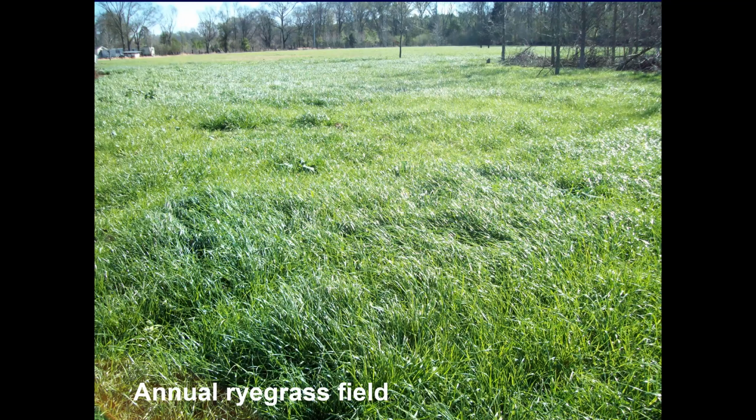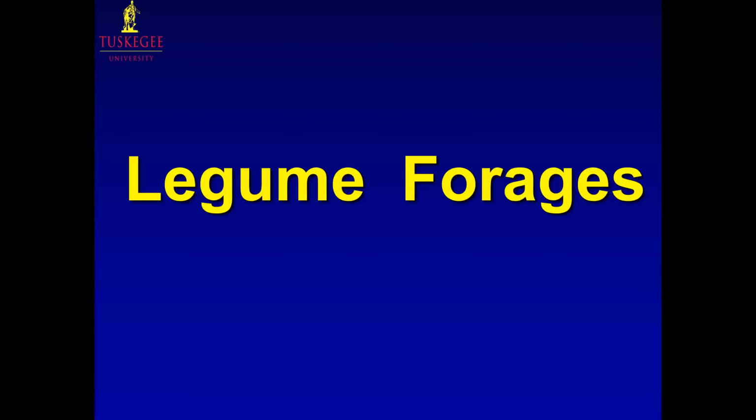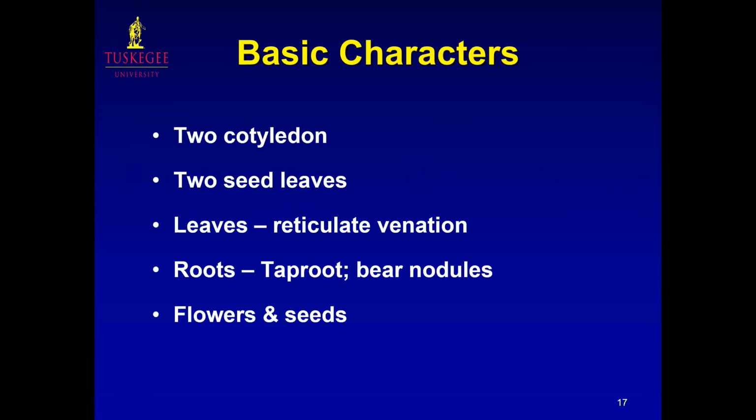Okay, with that, let me begin with the legume forages. The basic characteristic of legume forages, unlike grass forages, is that they have two cotyledons, the embryonic leaves, and because of that, they give rise to two seed leaves. When they first germinate, they have two leaves emerging together, and the veins will be just like a web.